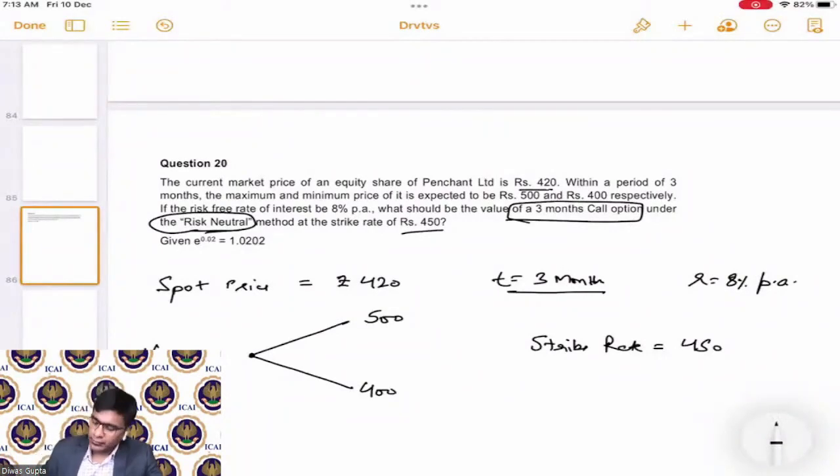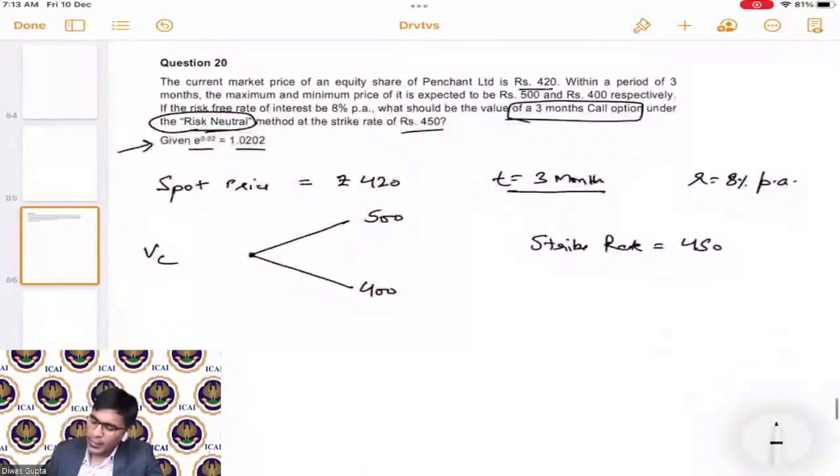Given e raised to the power of 0.02 is equal to 1.0202. This also they have given. Now students, if they have given e raised to the power, is it prudent to assume that it is a continuous compounding question? Yes, because if they have given e, the question definitely wants us to make use of e, and that can be used in case of continuous compounding.